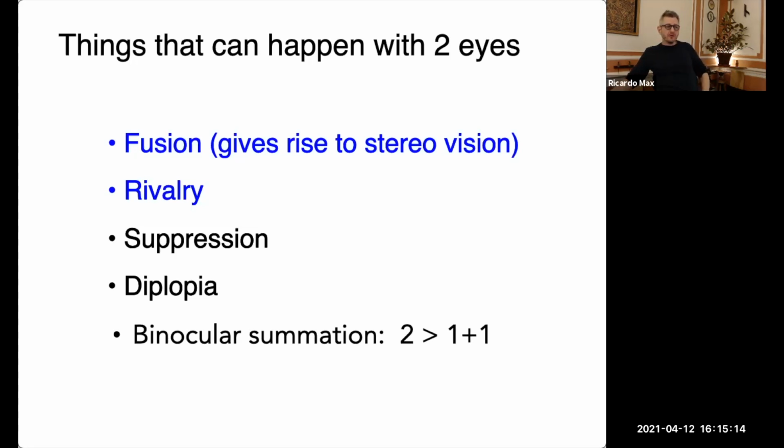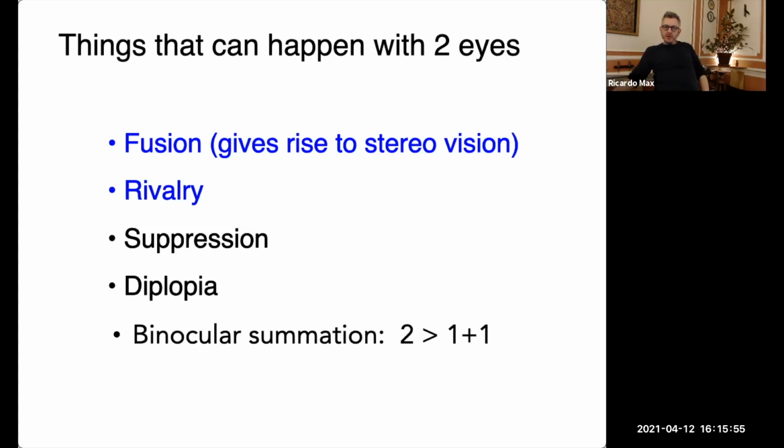Good. So fusion occurs when the same stimulus falls on corresponding points. Fusion is the process that we use, not averaging, to have stereopsis, to attain this feeling of three dimensions.